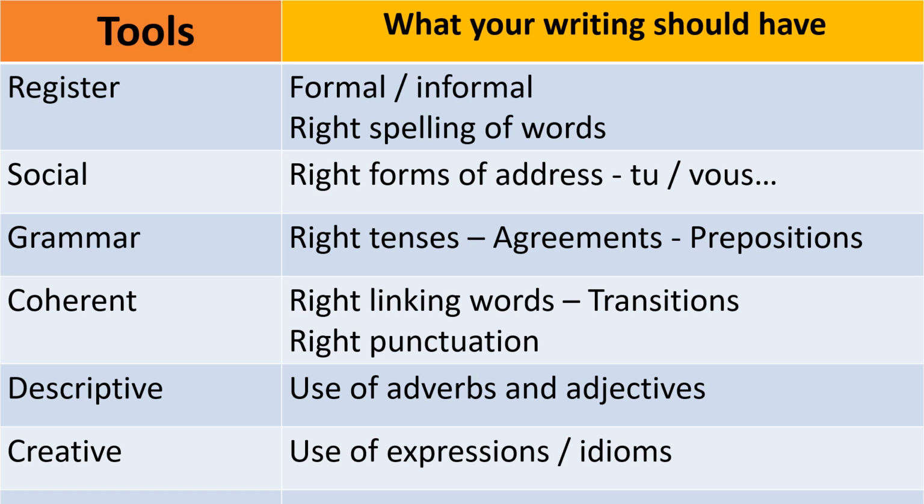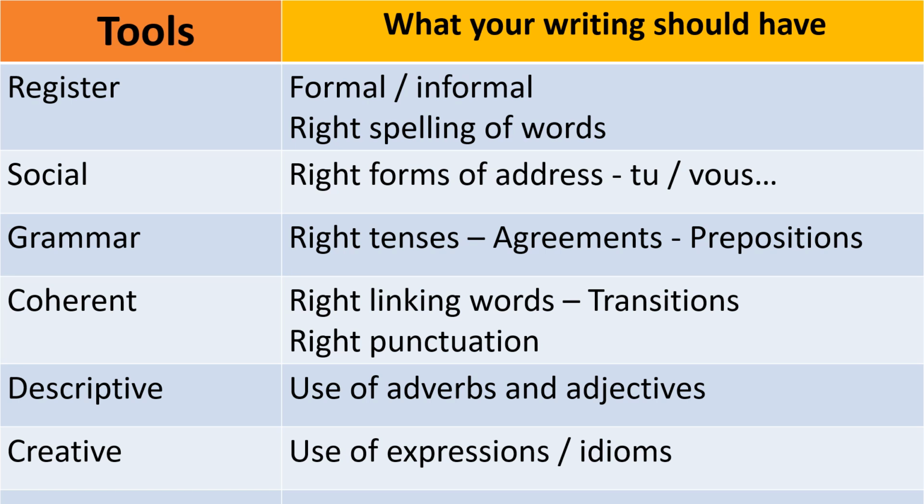I have prepared a little table for you. On the left, I put the tools, and on the right, what your writing should have. So for the register, think about whether or not it's going to be formal or informal. And also if it's going to be colloquial or slang and so on.